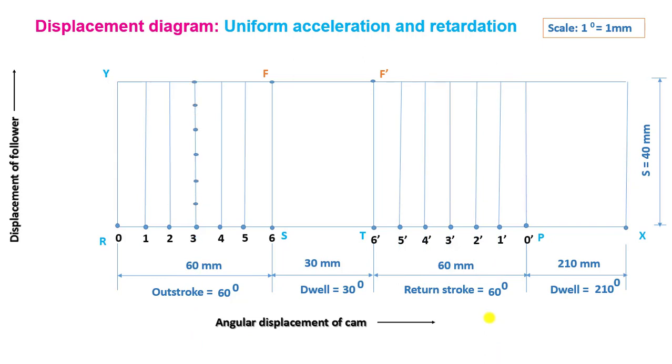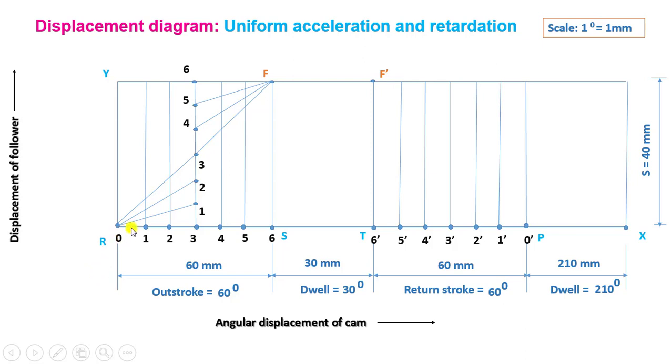Divide vertical line passing through point 3 into 6 parts. Label these points as 1, 2, 3, 4, 5 and 6. Join R with 1, 2, 3 and join F with 3, 4, 5.